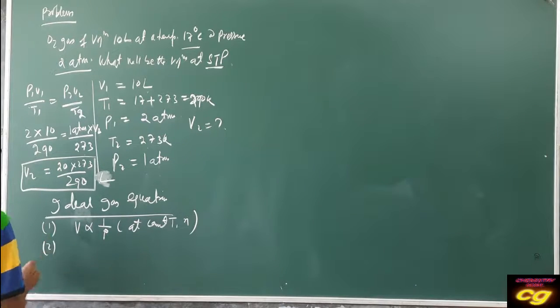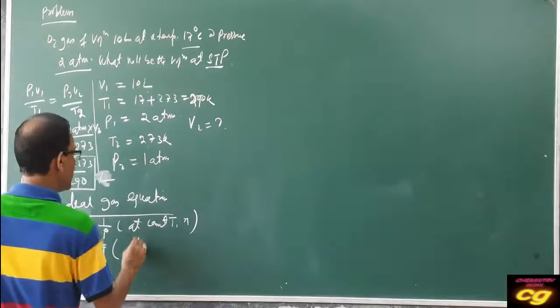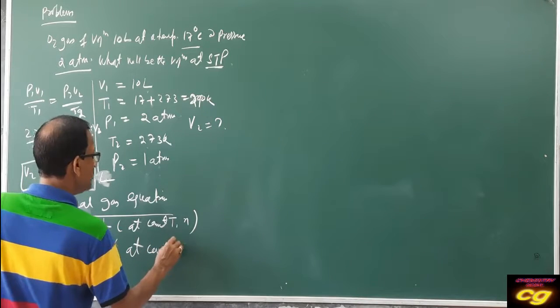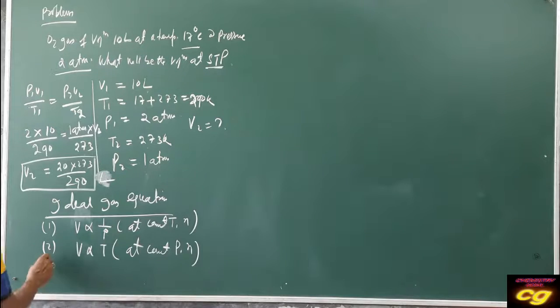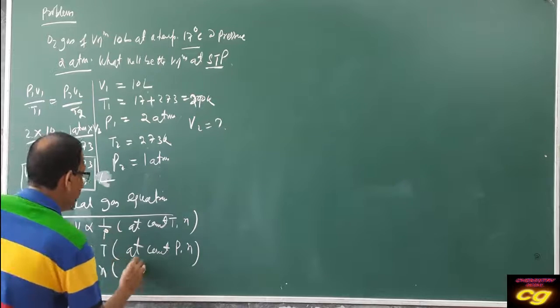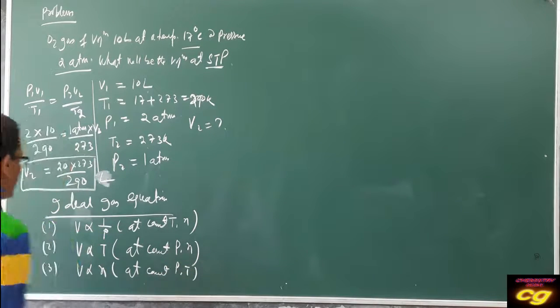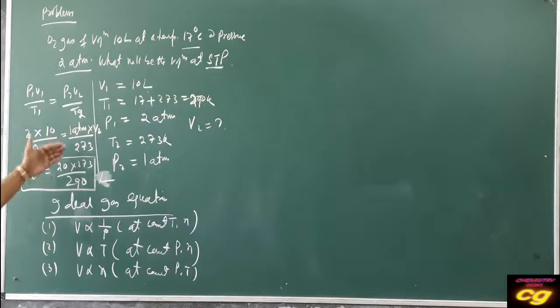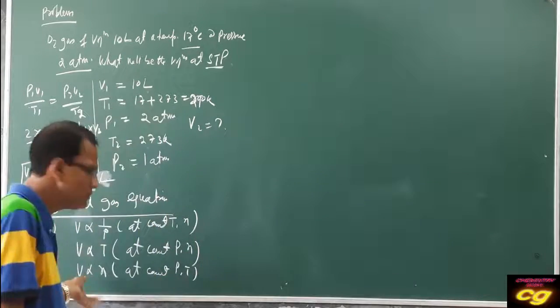Then Charles law: V is proportional to T, with P and N constant. Then Avogadro's law: V is proportional to N, with P and T constant. These are the three laws. If the gas is an ideal gas, it will obey all three laws.